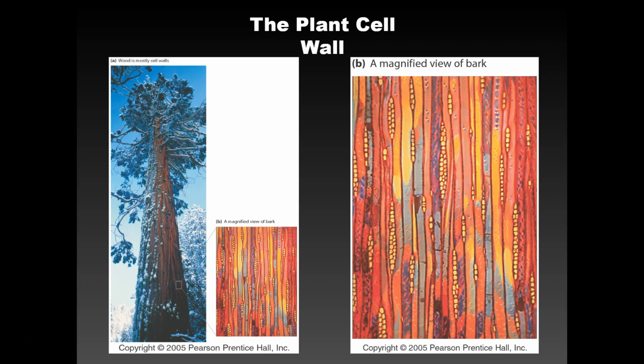And when you have this lignin, that's typically what you see as wood or bark. So cellulose, which is that polysaccharide, combined with lignin, gives you this bark. All right, so again, carbohydrates take many forms. Sometimes it's bread, sometimes it's bark.